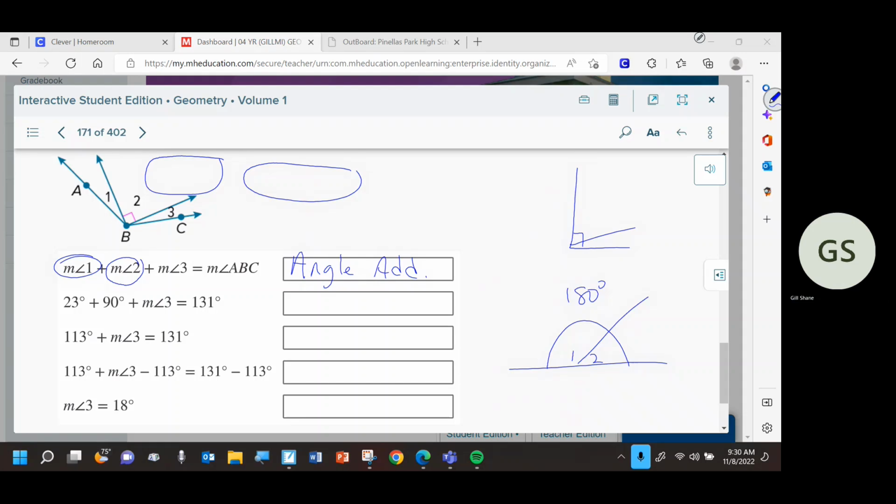I don't know if substitution would actually... I mean, I guess we have to use substitution. Or it could be given, because I guess they're saying this is the given information, the fact that it's a right angle. So I guess, yeah, still substitution. We're replacing angle 1 and angle 2, I'm sorry, with their value.